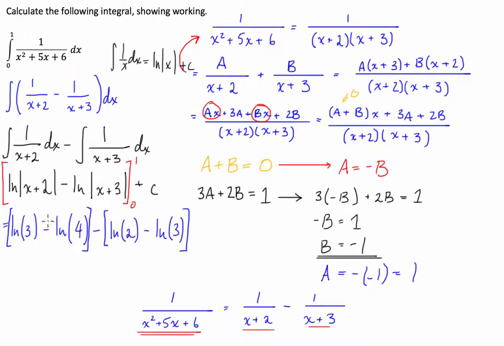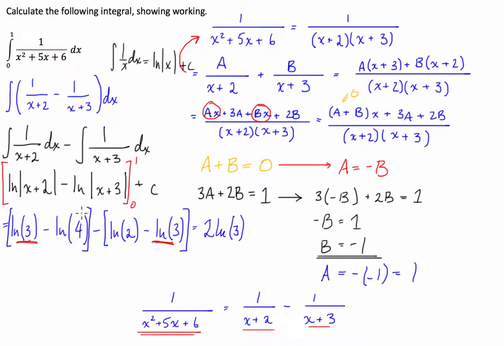Cool. So what we're going to do is simplify this a little bit. This one here, we've got ln of 3 minus ln of 3, so that's plus. So this is going to be equal to 2 ln of 3. So using this bit and that bit, we can tick that off.